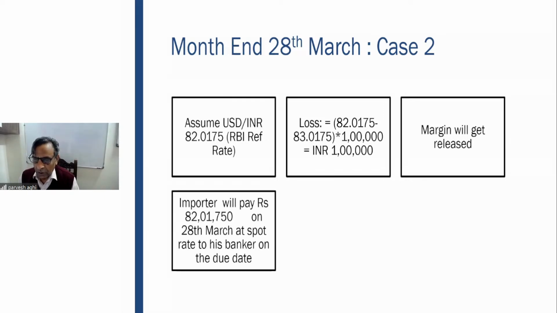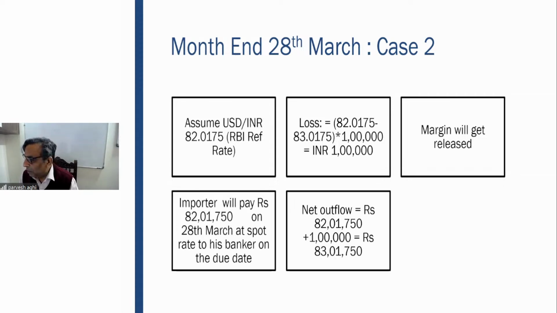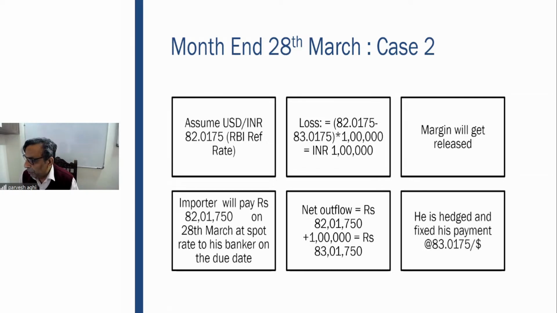But now what happens? On 28th of March, because the rate is 82.0175, I go to the bank and make a payment of 82 lakh 1,750 because the spot rate turns out to be lower. Of course, if I had not hedged, I would have been very happy. But since I have hedged, I'm losing 1 lakh rupees. So my net outflow would again be at 83.0175.